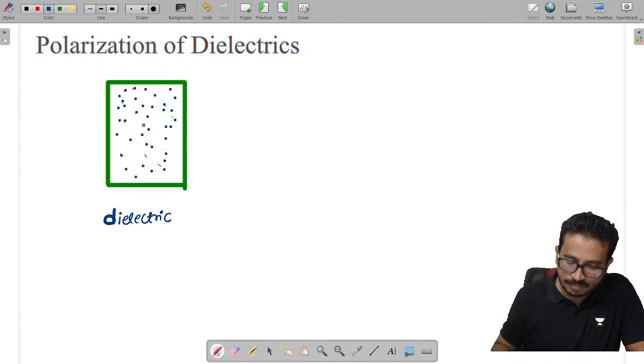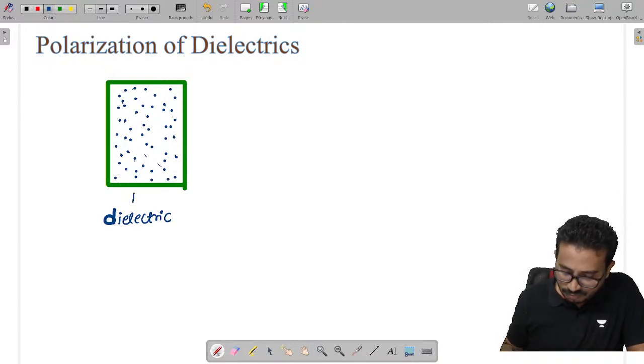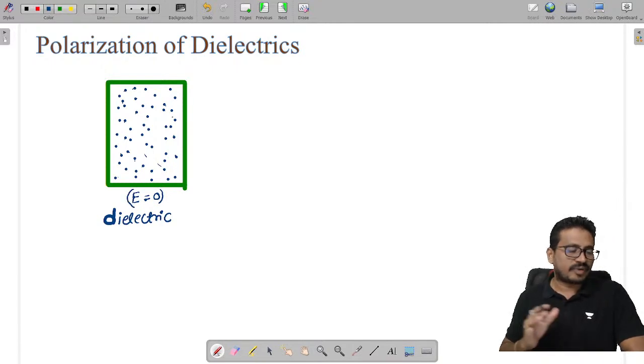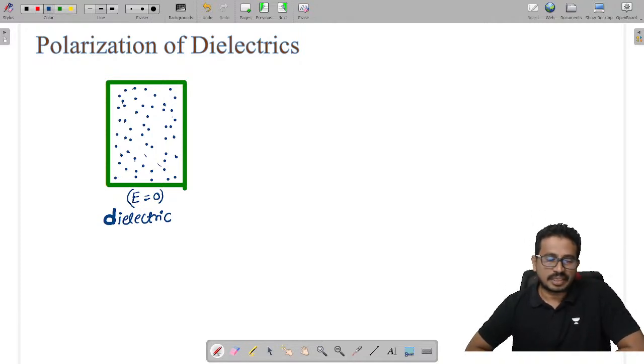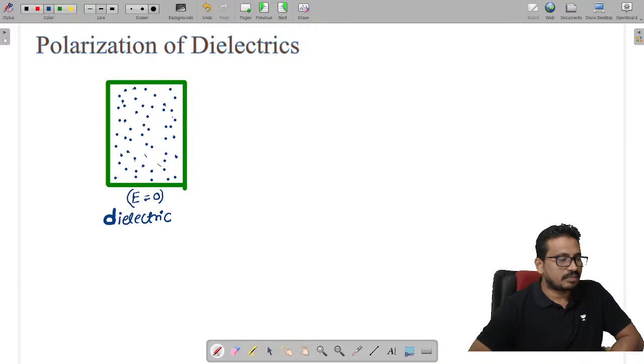When we don't apply any electric field, that is, when the electric field is zero, the charges inside the dielectric are arranged in a random fashion.